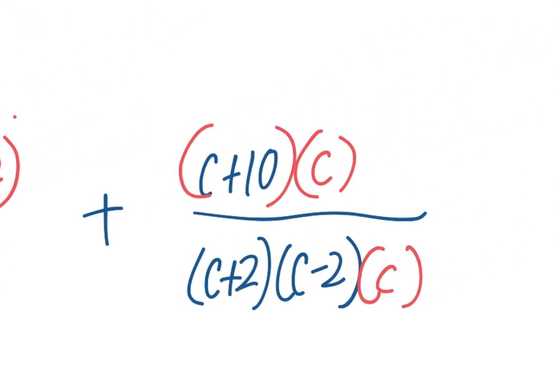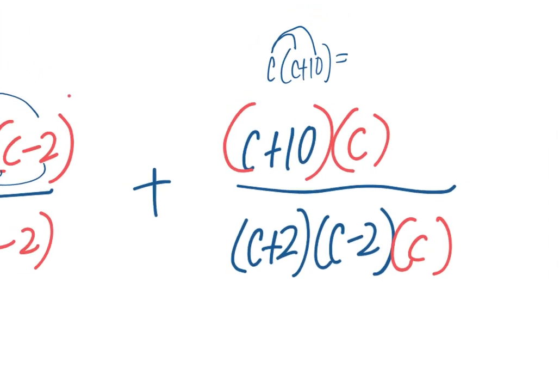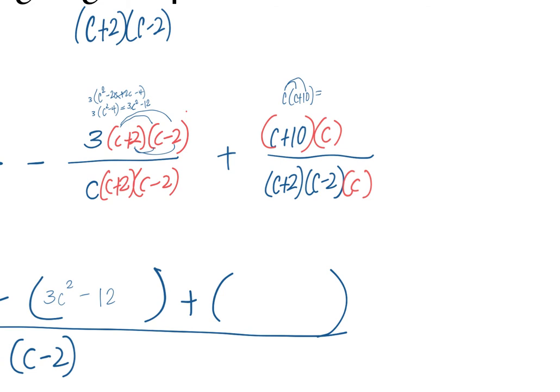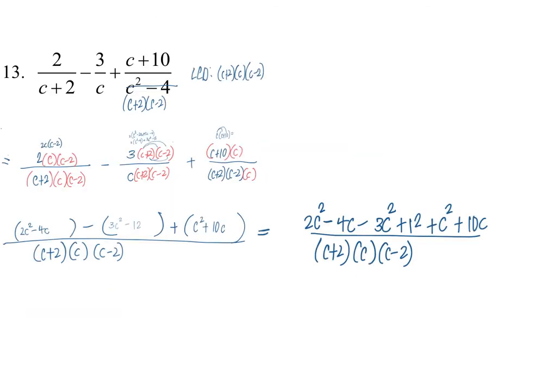And now, basically, just picture this as being C times C plus 10. It's the same thing, right? And so now we kind of see it easier to distribute that C to the binomial behind it. So that's just C squared plus 10C. So what I've done at this point is basically clear the parentheses.